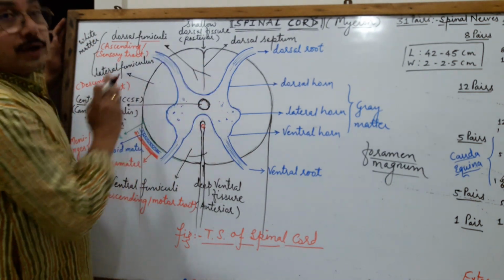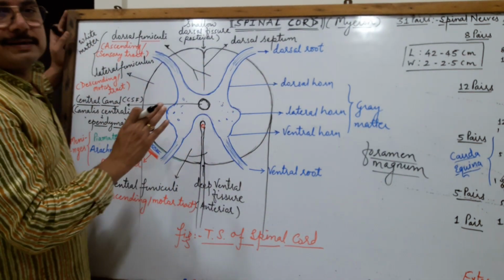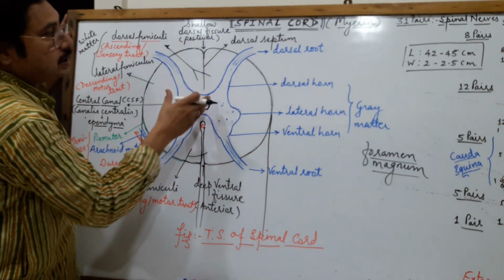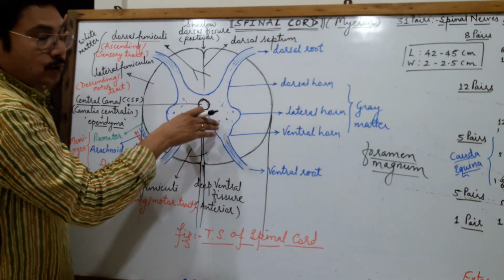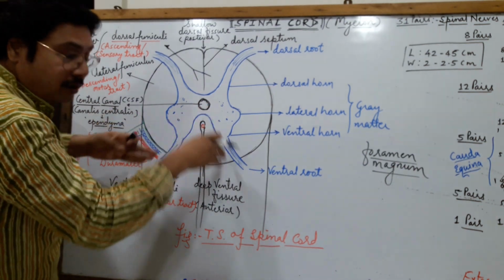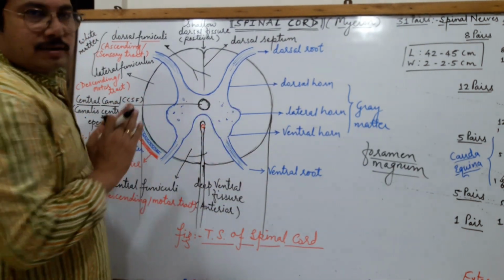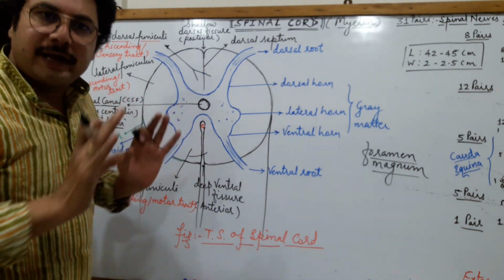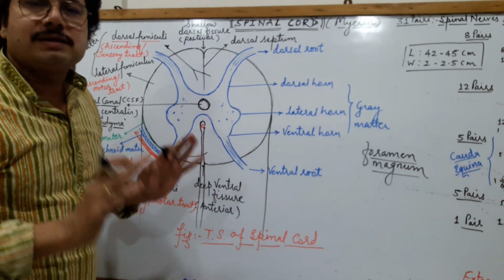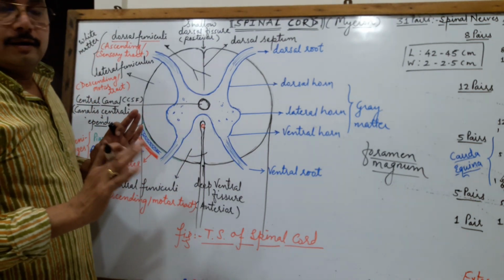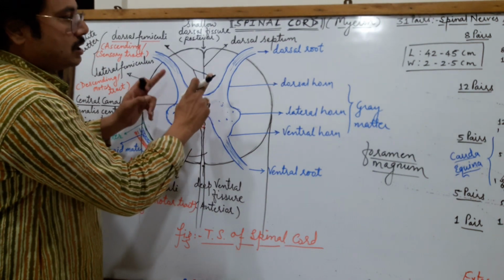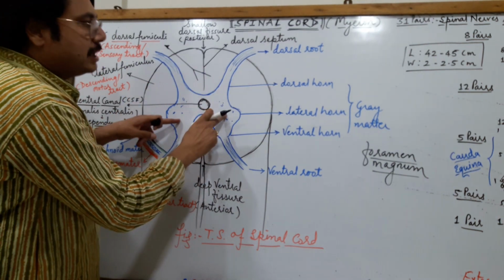Such paired projections are called horns: the dorsal horns, the ventral horns, and the lateral horns. You know that gray matter means a bunch of cytons, cell bodies. So this cytonic bunch can be seen in these dorsal, ventral as well as lateral horns.